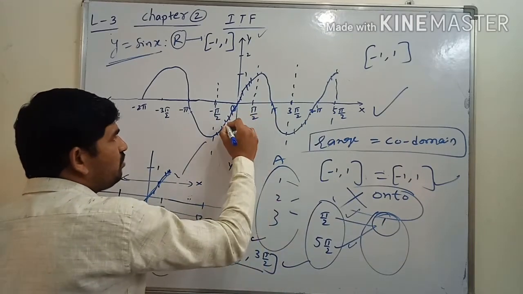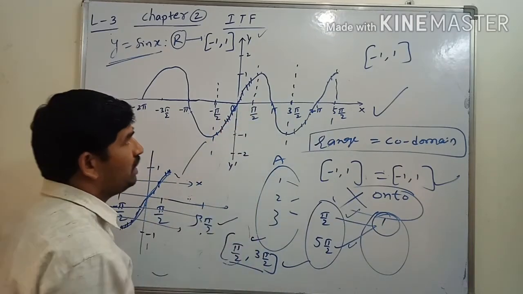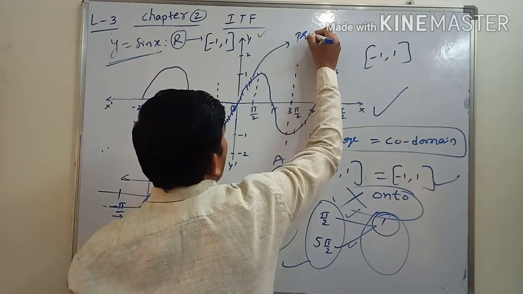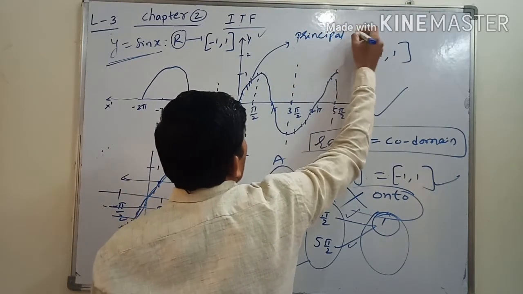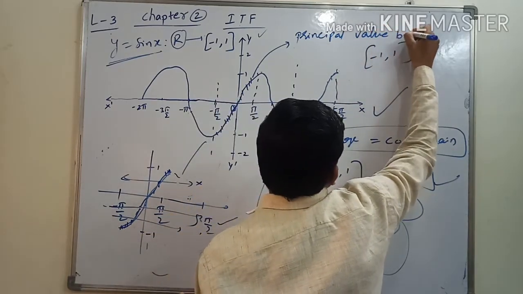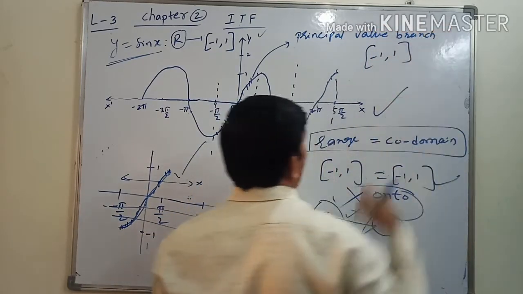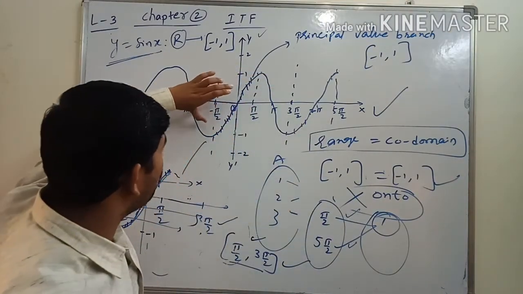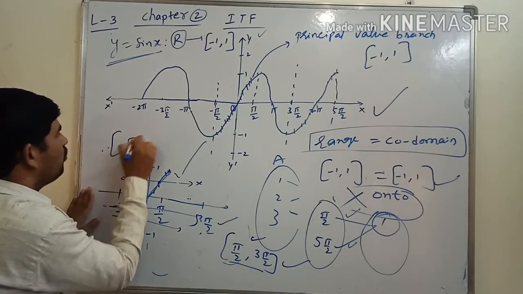By taking minus pi by 2 to pi by 2, this branch is known as the principal value branch. It is very important, remember. Which branch are we going to say? Minus pi by 2 to pi by 2.